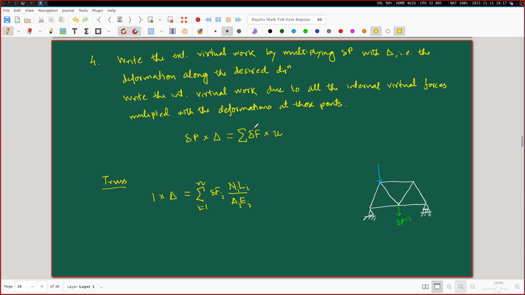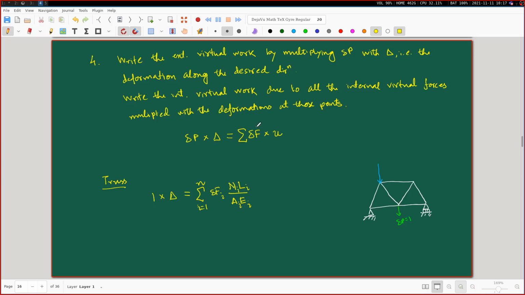And this delta F are the internal virtual forces that are generated in response to this externally applied virtual force delta P. Okay, so any structure you take, you remove all the actually applied loadings and just consider that structure, apply the virtual force, and when you apply that virtual force, through again the use of statics, you can determine all the internal forces or the internal moments.